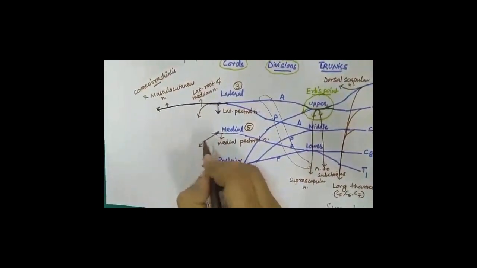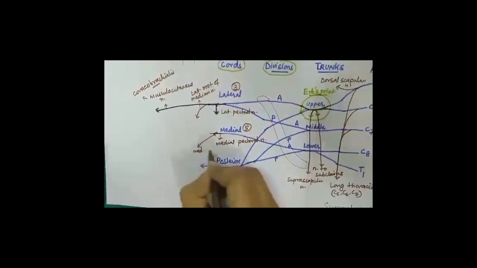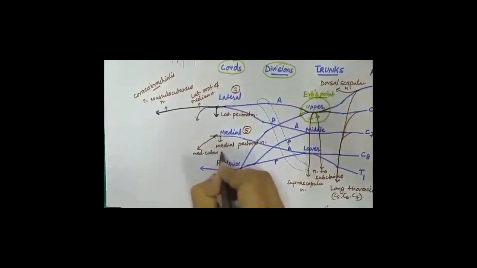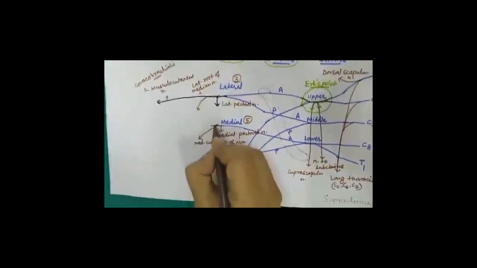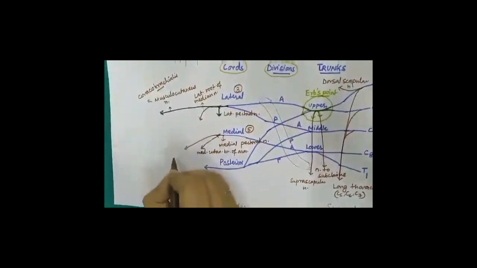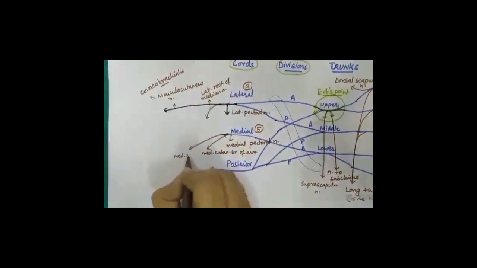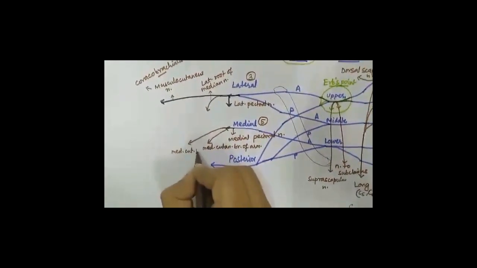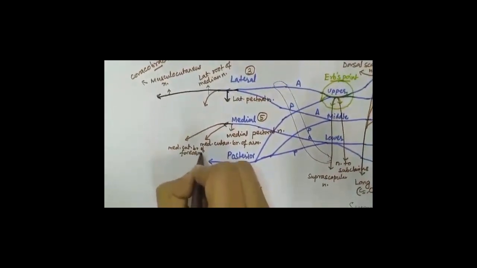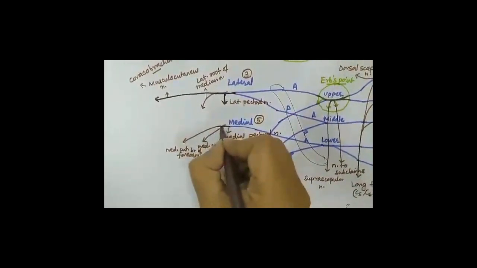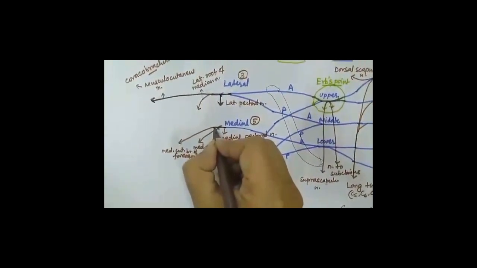It gives the medial cutaneous branch of arm, which will supply the skin of the medial surface of the arm. Next will be the medial cutaneous branch of forearm.